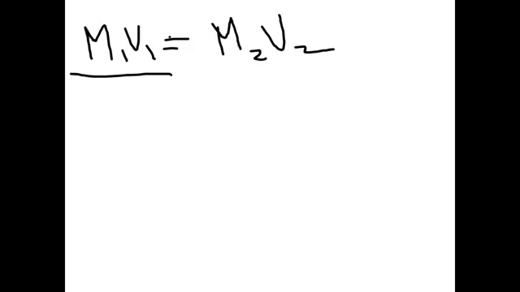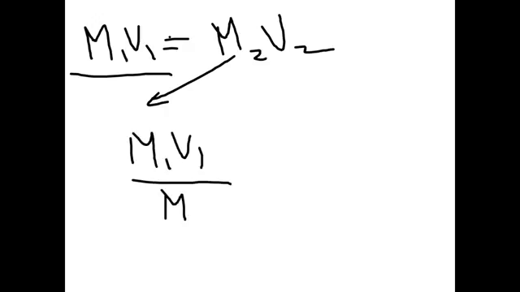So we start with a new page here, and we say M1 V1 equals M2 V2. I divide both sides by M2, right? That's one way to look at it. Or you could take M2 to the other side. So the formula is going to be M1 V1 divided by M2 is equal to V2.